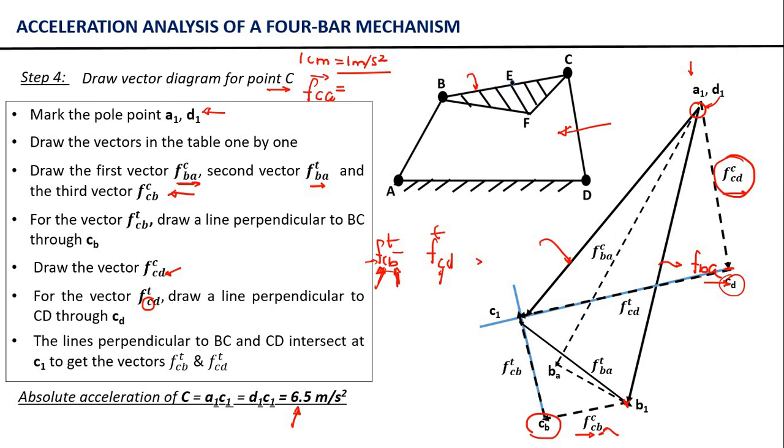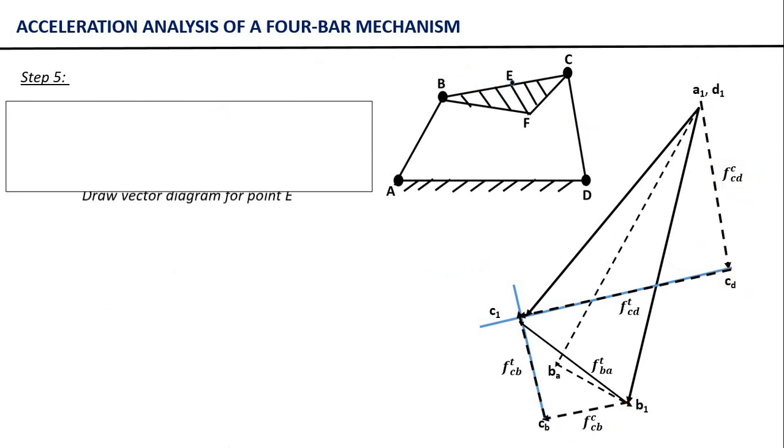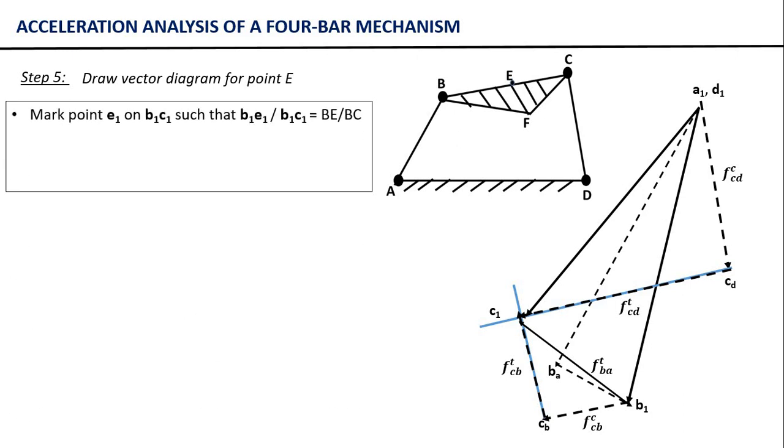The second part is to calculate the acceleration of point E relative to B. To calculate this, we will simply draw the vector diagram for point E. This is again very easy. We are going to mark a point E1 on vector B1C1, that is the acceleration of C relative to B. The acceleration of C relative to B is simply given by this line B1C1.